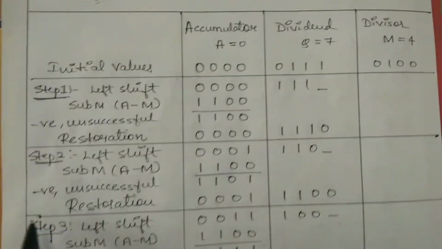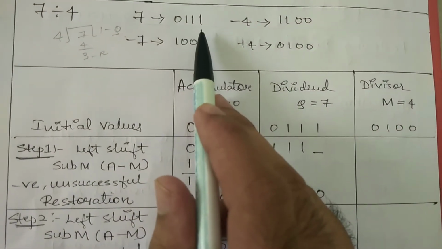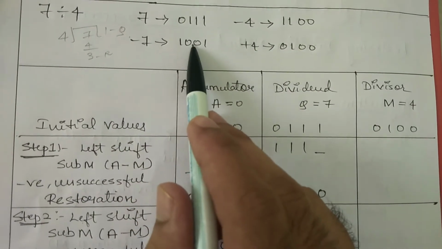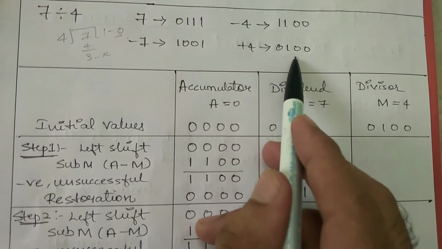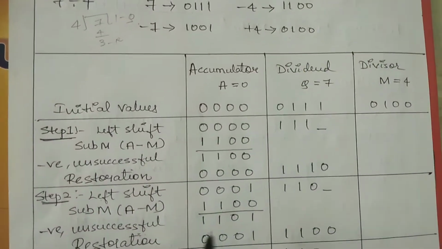Minus 7 value is 0, 1, 1, 1 in binary, and minus 7 is 1, 0, 0, 1, and plus 4 is 0, 1, 0, 0, and minus 4 is 1, 1, 0, 0.